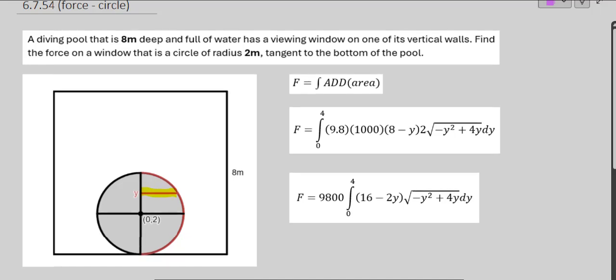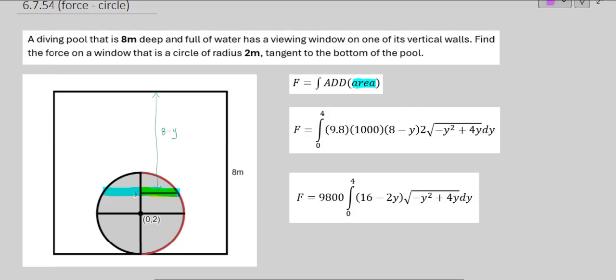The distance that element is below the surface of the water is going to be 8 minus y. Then we have area. This is the area of the horizontal element, and we're imagining it going all the way across.